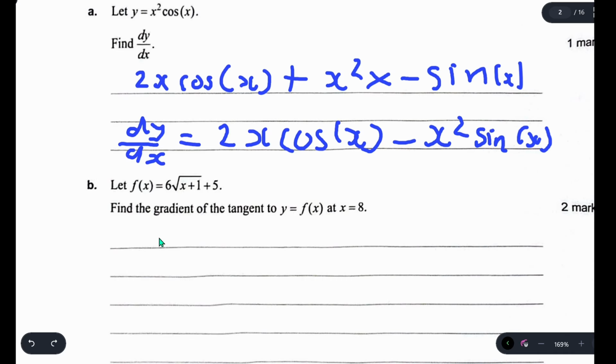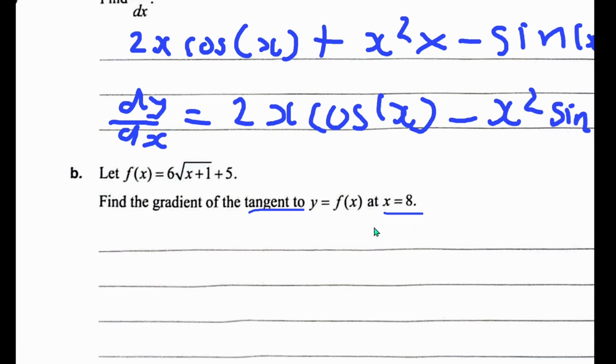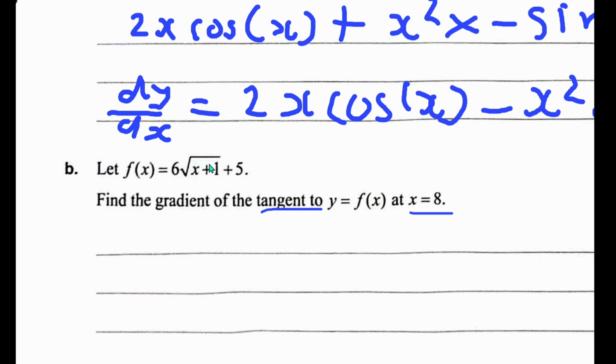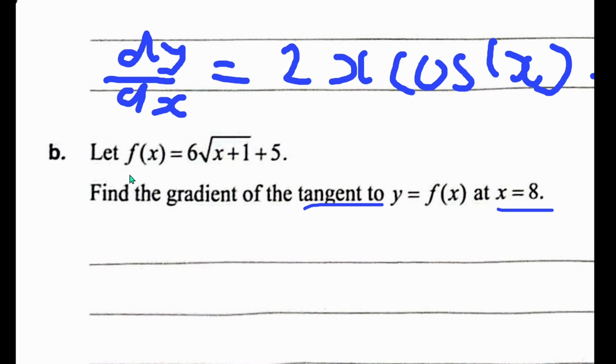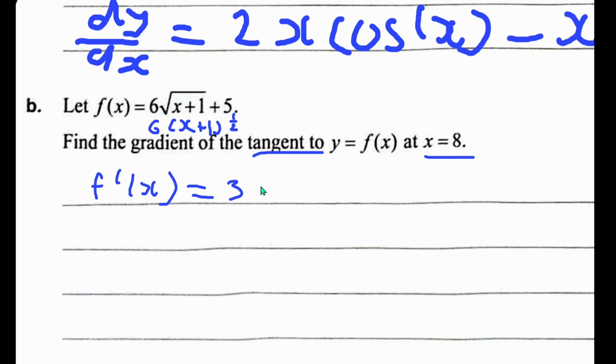Okay, cool. Find the gradient of the tangent at x equals 8, so that means we should derive this. So f dash of x equals 3 bracket x plus 1 to the negative half.